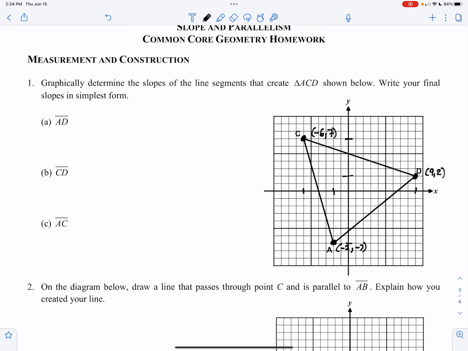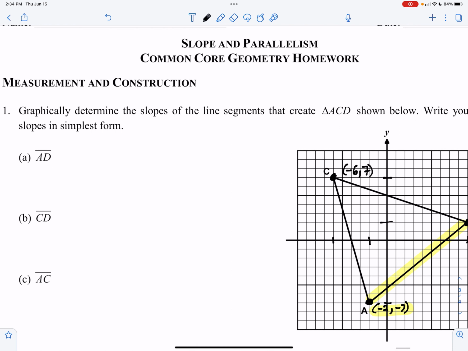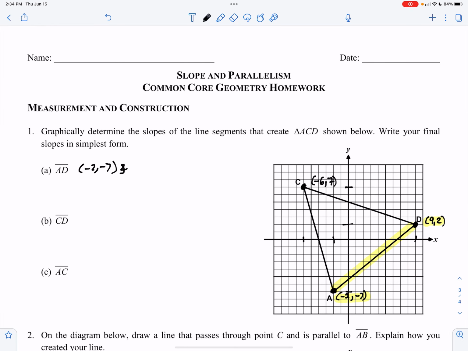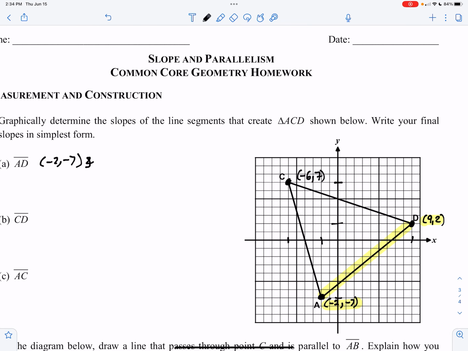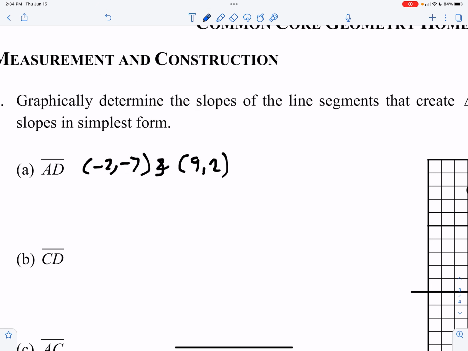So one way we can find the slope for this segment here, I'm going to color it yellow, AD, is to do your coordinate points. So A is -2, -7. That's point A, and then point D is 9, comma 2. So one way we could do this is by using our slope equation.